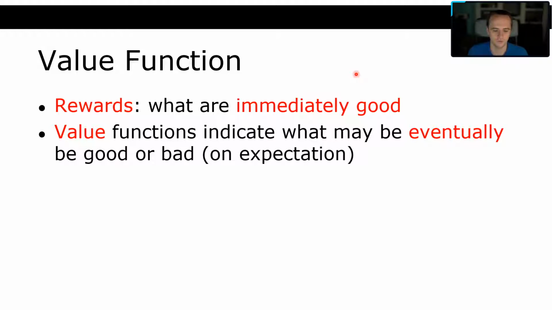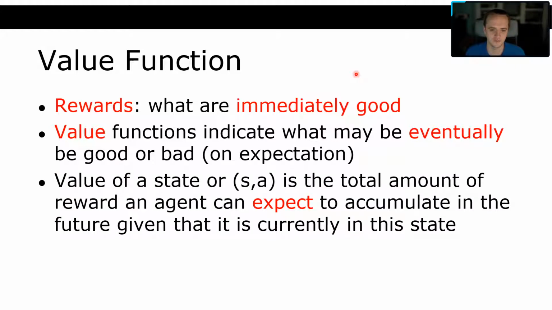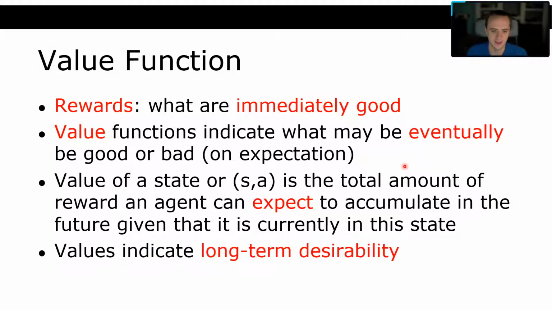Okay? So the value of a state or a state action pair, so whenever I say SA, you can consider that doing an action at a given state. So the value of a state or a state action pair is the total amount of reward an agent can expect to accumulate in the future, given that it is currently at this state. And that represents the long-term desirability of a state or a state action pair.